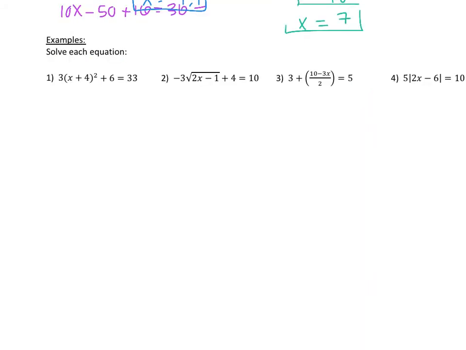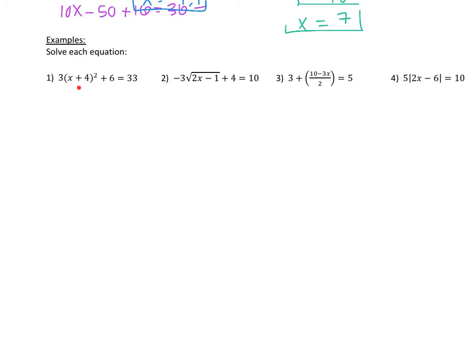All right, looking at number 1 here, I see something similar to what we saw in problem 3-2 above, x plus 4 squared, where we rewrote this at first by multiplying that out. But I also noticed that strategy took a little bit more time than the others, so I'm going to approach this a little differently, and I'm going to undo what I see happening to x.